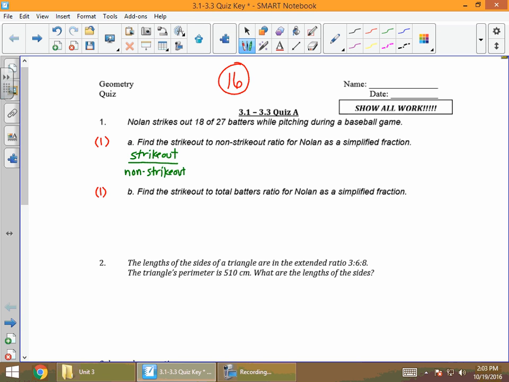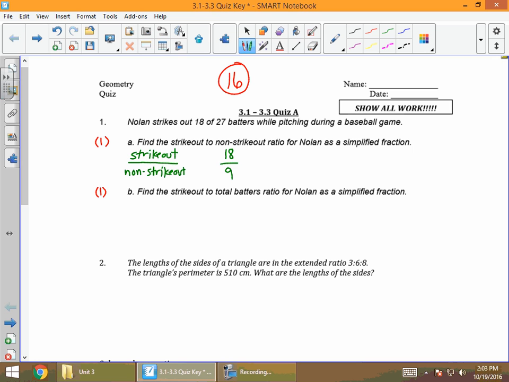The problem states that he strikes out 18, so that top is 18. To non-strikeout: if he faced 27 batters and struck out 18 of them, to find how many did not strike out, do 27 minus 18, which is 9.